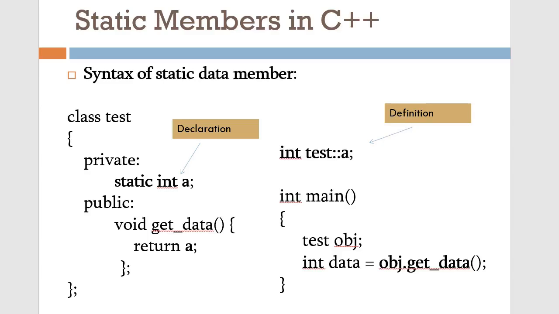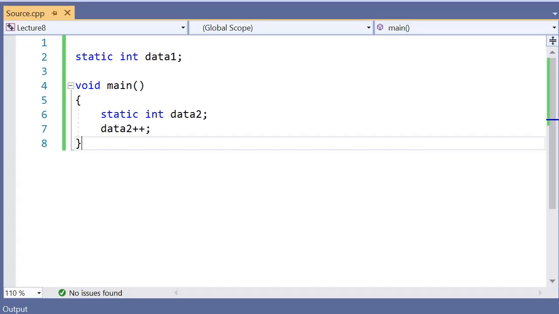It is required that you define the static member in this particular manner in C++ programming. So this is the name of the class followed by these two colons, which is the scope resolution operator, and then the name of this static member variable which we have declared here. So we are creating a membership label to this variable, and we are saying this member is associated with this class test. So let's understand these static members through an example.